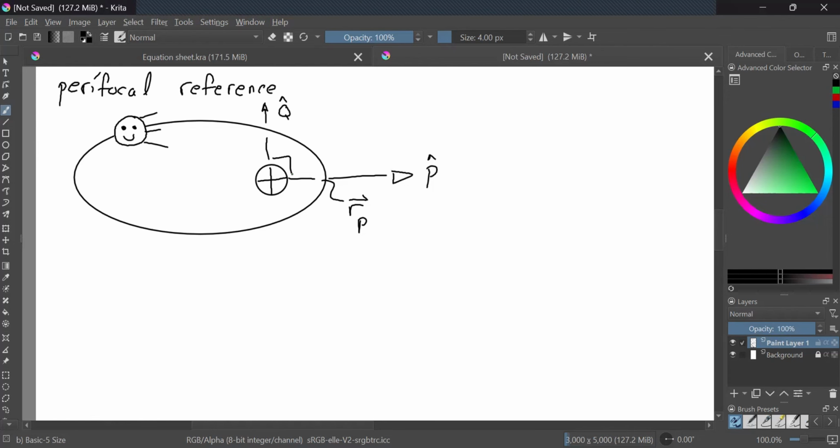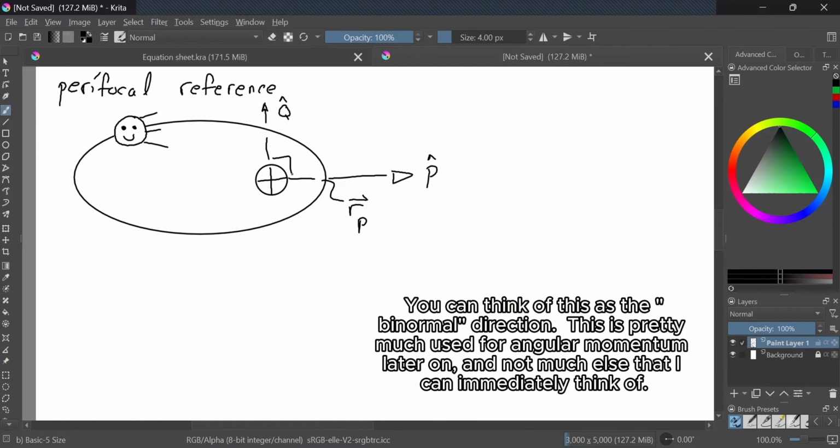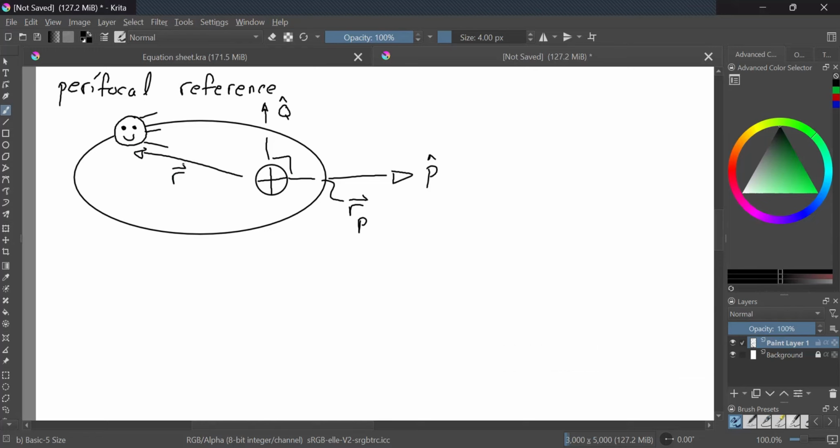I'm not going to be using it a whole lot, but that is officially what the PQW, the perifocal reference frame, looks like. So if we were to do this, where we can define that, at a position vector of r, there is an angle with the p direction of theta. This is looking very familiar, I'm sure.